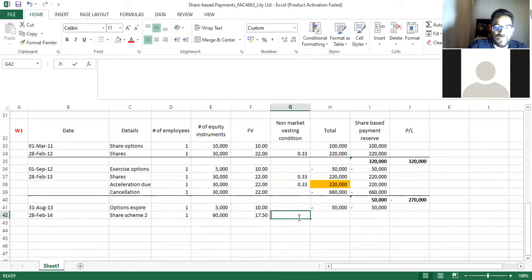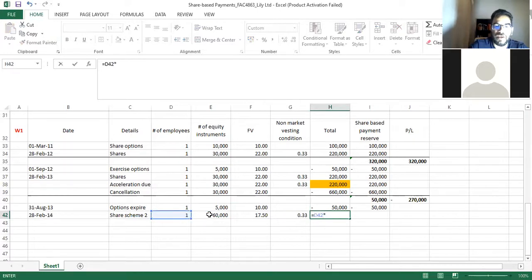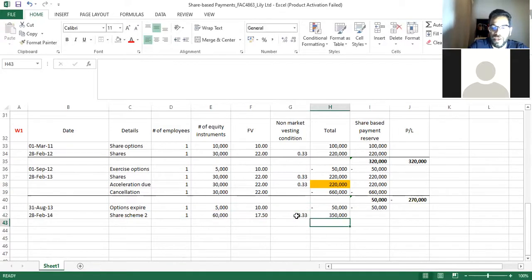The market condition, the vesting period is 1/3, 1 divided by 3. So what would happen? One employee, 60,000 shares, 17 Rand 50, 1/3. So that is that. Nothing else.